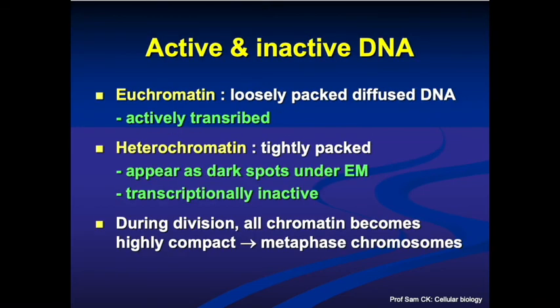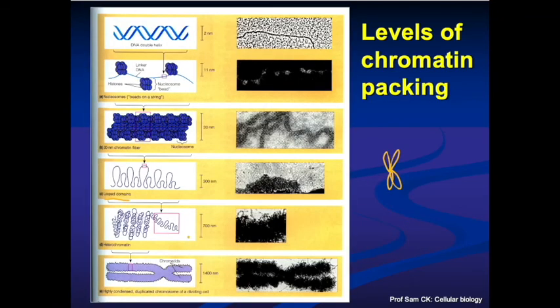Okay, let's come back to this slide. I've previously mentioned that if you look under the microscope, you are able to see two types of chromatin, the euchromatin and heterochromatin. In the organization that we've seen before, we see the heterochromatin structure, highly dense, but not all regions will be like this all the time.